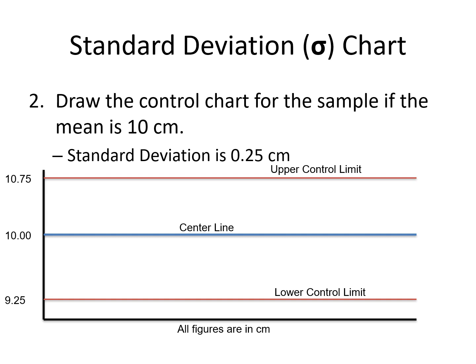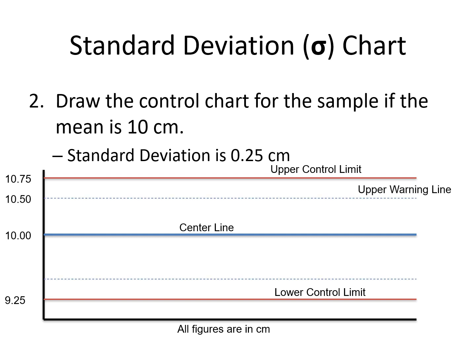The warning limits, as we know, would be at plus and minus 2 sigma, or 2 times the standard deviation from the mean, which would be at 10.5 centimeter, the upper warning limit, and 9.5 centimeter, the lower warning limit. So this is how we draw the standard deviation chart.